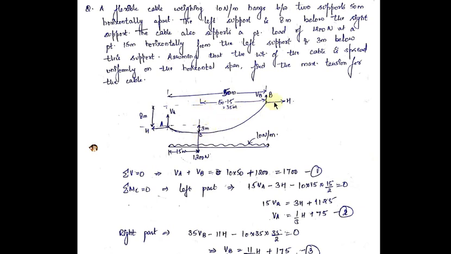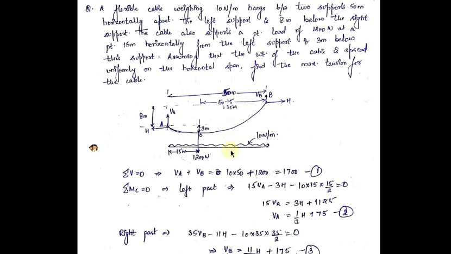See how it is 11. The distance of B support from the A support is 8 meters, and A support is 3 meters from C. So this total distance, that is the distance between the level of the support B and the point C, will be 8 plus 3, 11. So minus 11H.